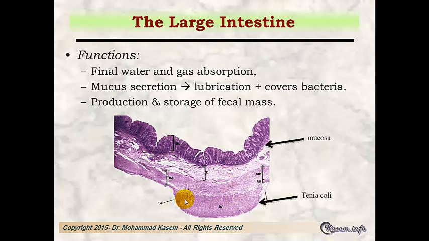The next layer is the muscle layer, composed of an inner circular layer, and the taeniae coli are only three bands of the external longitudinal fibers. Only in certain areas do we find these taeniae coli, as we just watched in the previous slide.